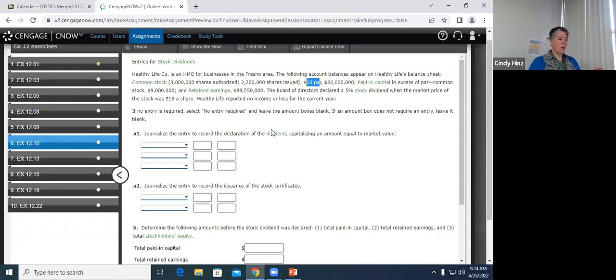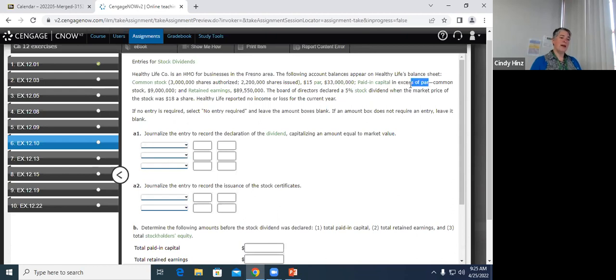From what we learned last time, the common stock account must have in there the number of issued shares, 2.2 million, times the par value. So 2.2 million shares times $15 par, the company must have $33 million in the common stock account. We're told that here. They didn't need to tell us that because that must be true.